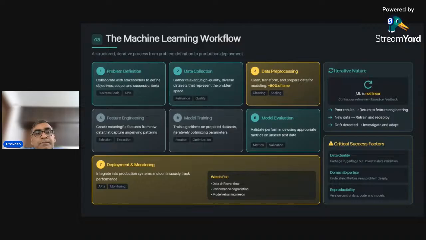Fourth, before you train the model, you need to find some meaningful features. Basically, out of that data, which are the ones you want to focus on? Not everything is equally important.